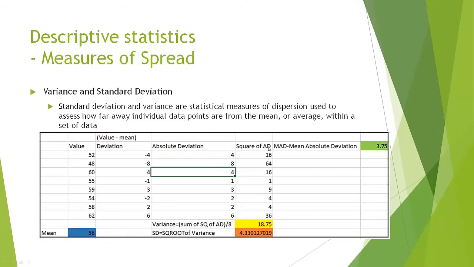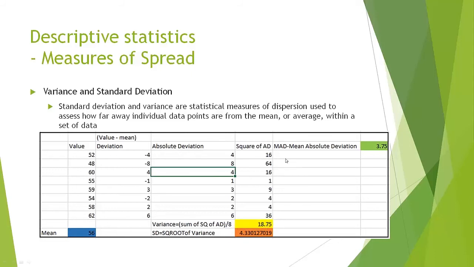Then the square of absolute deviation: now you get into computing the variance. When you compute the variance, you start taking squares: 16, 8, 64, all these squares. And variance is the sum of squares of AD, summed up together and divided by the number of entities.